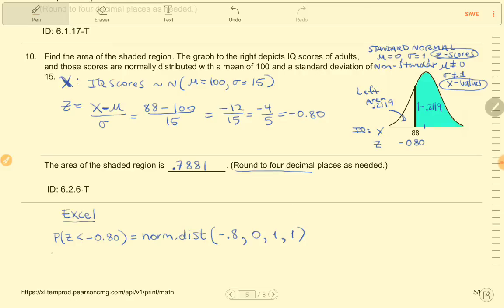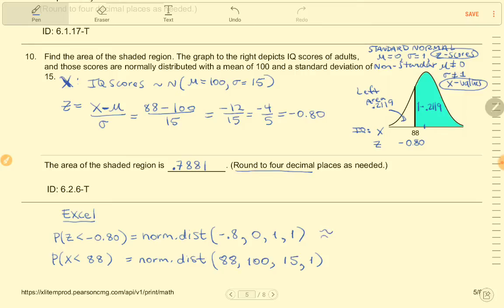I can also check it with the x boundary, which is 88, with norm dot distribution and the x value 88, mean of 100, standard deviation of 15, and 1 for cumulative.